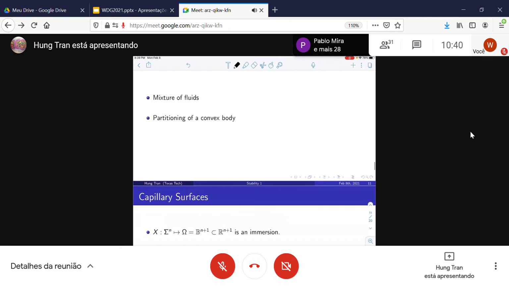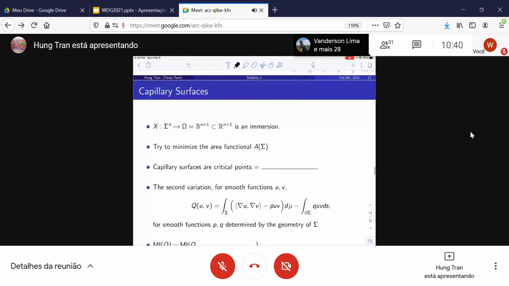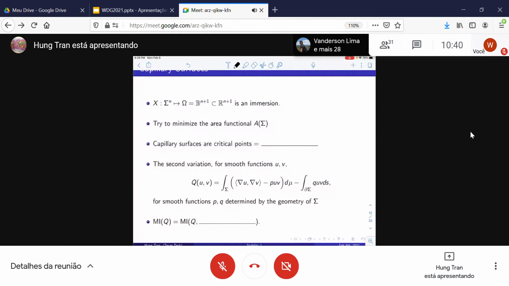So this is the precise mathematical definition of capillary surfaces. Here you consider X to be an immersion from some abstract hypersurface into a ball in Euclidean space. And certainly there are so many ways you could immerse such a hypersurface of dimension n into the Euclidean ball of dimension n plus one. And you try to minimize the area functional here.